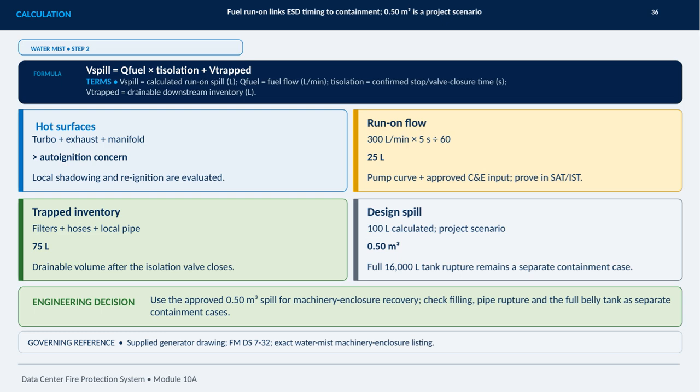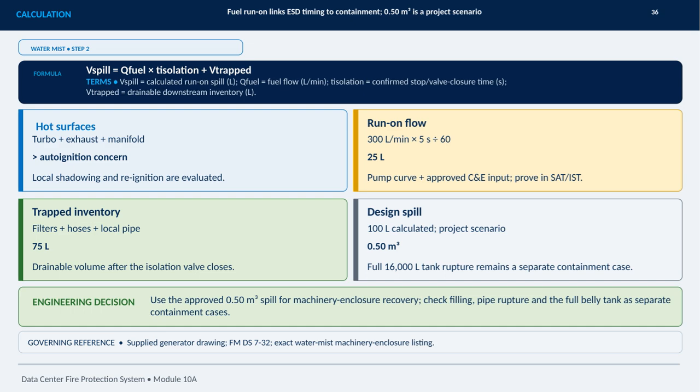The approved design scenario is 0.5 cubic meters or 500 liters for machinery enclosure recovery. That value must be supported by the pump curve and approved cause and effect inputs, then proven during site acceptance and integrated system testing. The calculation also reflects the hazard, not just the volume.